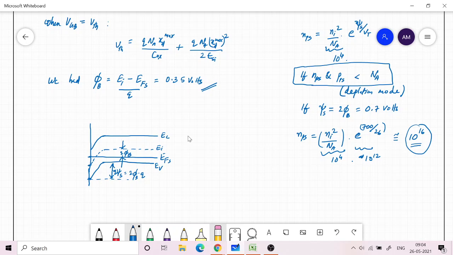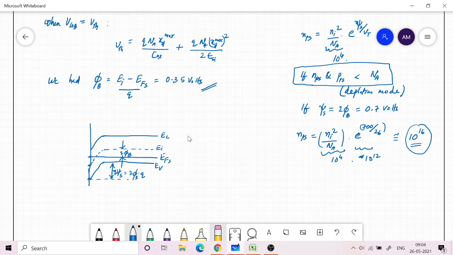As I told you, if I try to increase this voltage by 60 millivolt, it is going to increase the number of electrons here. So you don't need to increase the depletion width in order to have more negative charges on this side of the MOS capacitor. This is like one side of the MOS capacitor. We need to have negative charges.